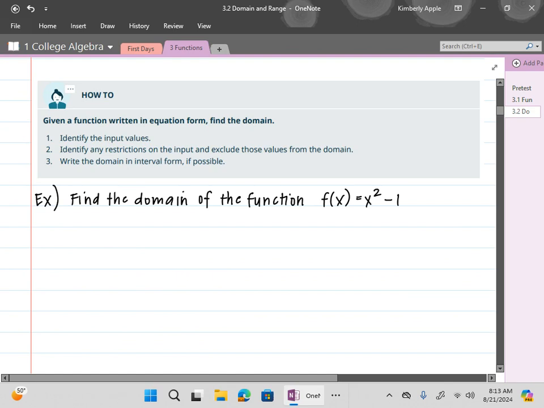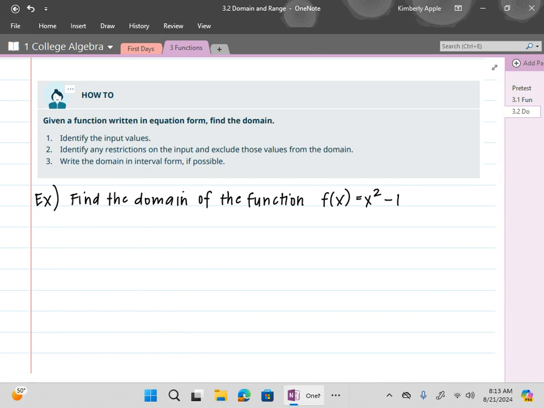And so what you want to think about is, remember, the domain is the set of all possible input values for the function that will give me an output. So for this one, the instructions for this function say take some number, square it, and then reduce it by 1. That's essentially what we are doing.